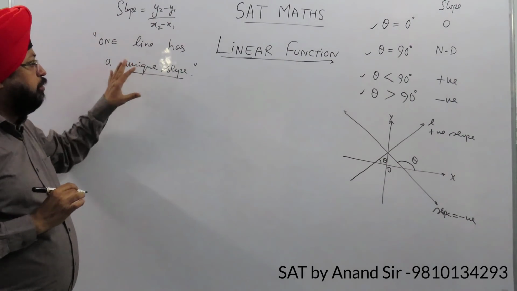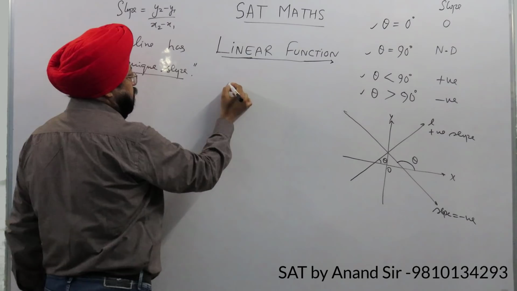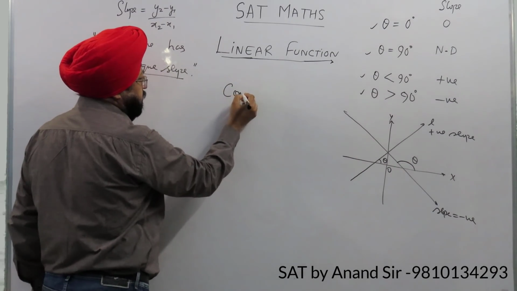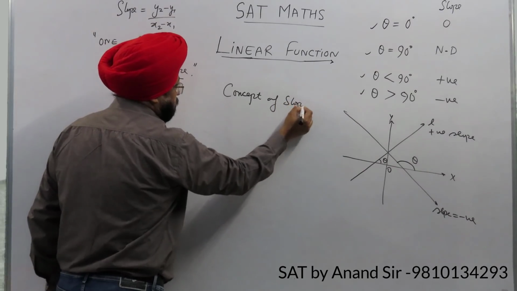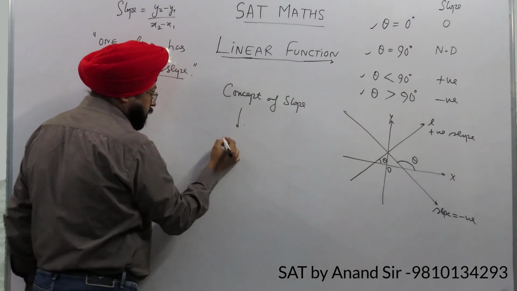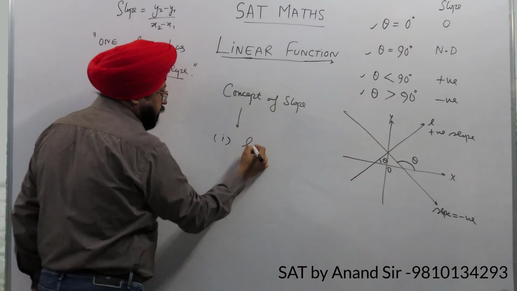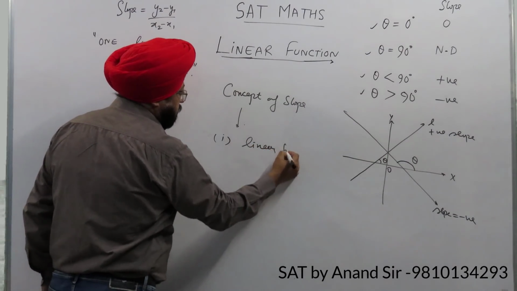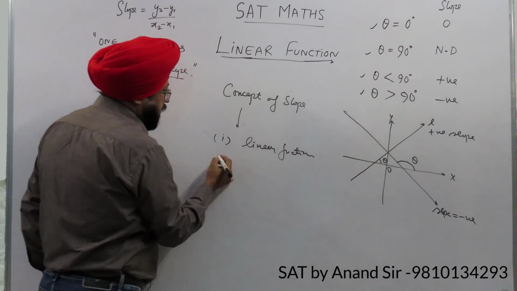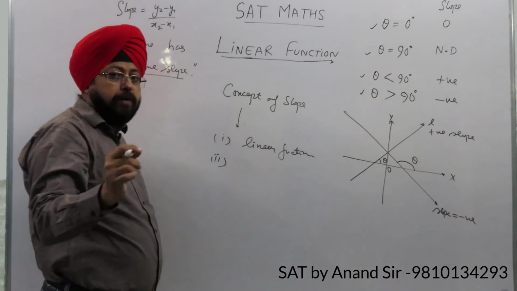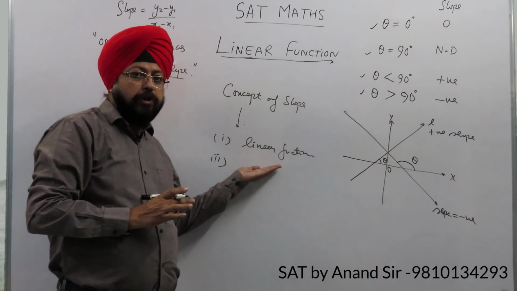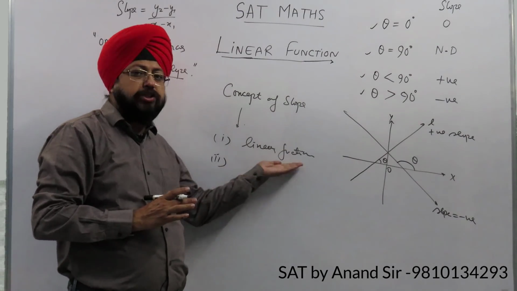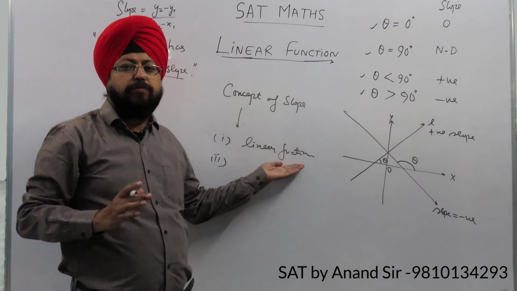Now see how to use the concept of slope and where this concept is used. Number one, whenever you are given a linear function in the question, the question will start like this: if f is a linear function. Wherever you observe these two words, linear function, it means you have to use the concept of slope.